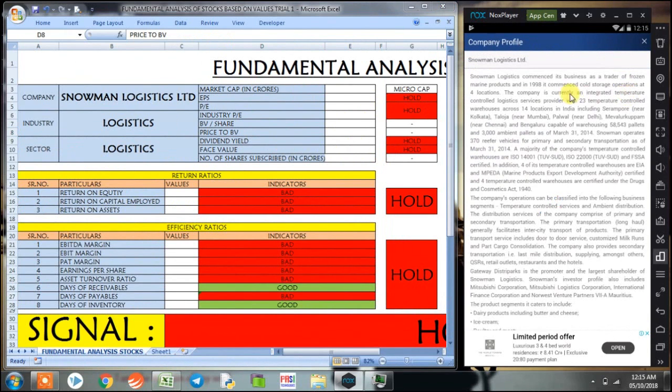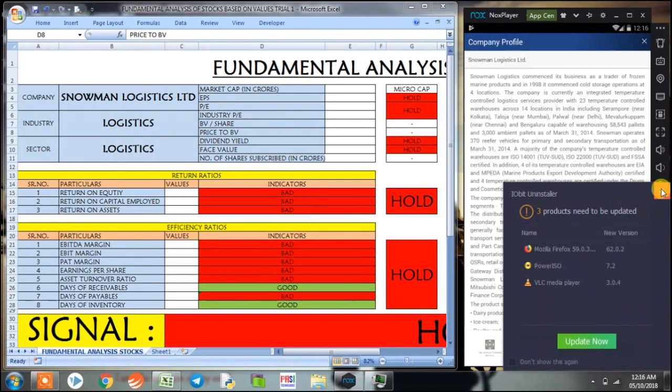Now it says the company commenced its business as a trader of frozen marine products, and in 1998 it commenced cold storage operations at 4 locations. So the main business of Snowman Logistics is cold storage operations. The company's operations can be classified into the following business segments: temperature control services and ambient distribution.